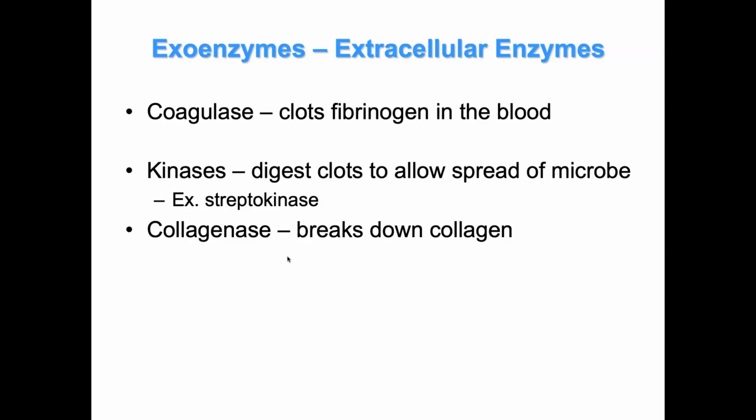Exoenzymes are soluble proteins produced by gram-positive and gram-negative organisms, but they're mostly produced by gram-positive organisms. These are similar to endotoxins, okay? And there's a variety of them that are produced. And we'll talk about the diphtheria toxin soon.